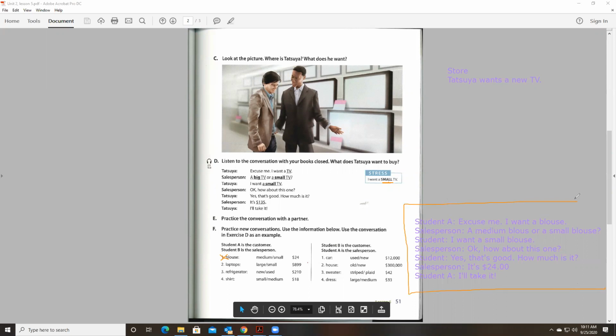Vas a escoger 4 de ahí y escribir una conversación similar. Okay, you can write it on the back of your paper.